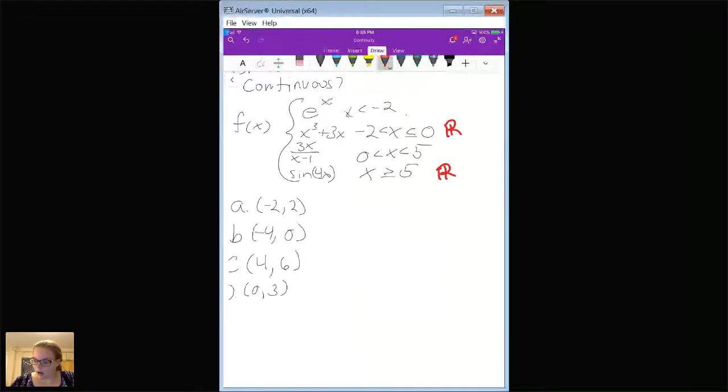All right. What about 3x over x minus 1? Is there any point where that function is not continuous? Okay, good. So what I'm getting here is that in the domain x cannot equal 1, everything else is okay.